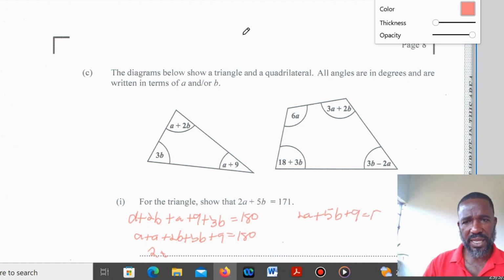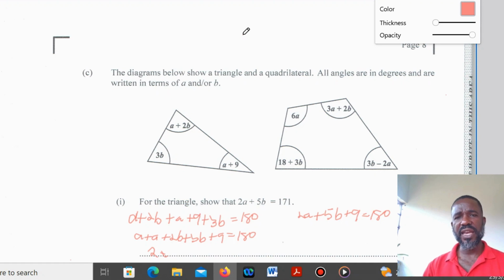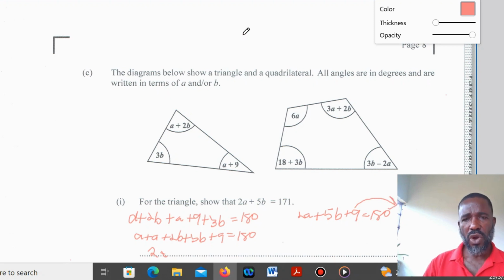equal to 180. But here we find that if we take 9 to the right hand side, or if we subtract 9 from both sides, then we are going to get 2A plus 5B equals to 180 minus 9. 180 minus 9 is equal to 171.